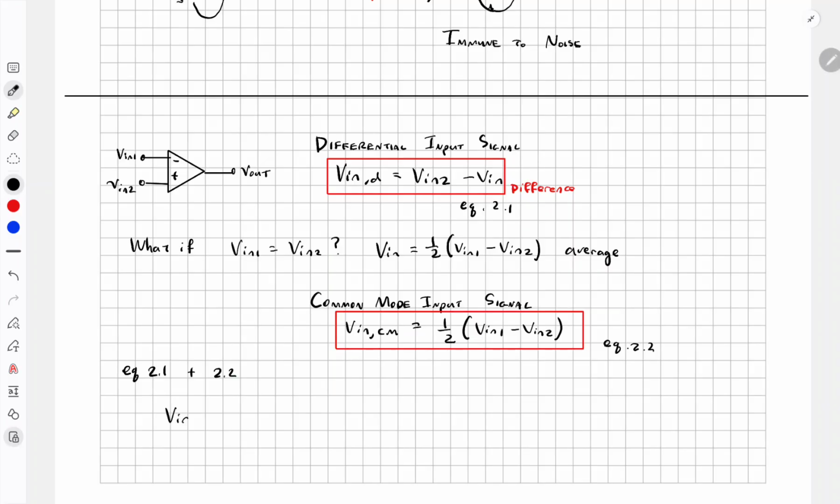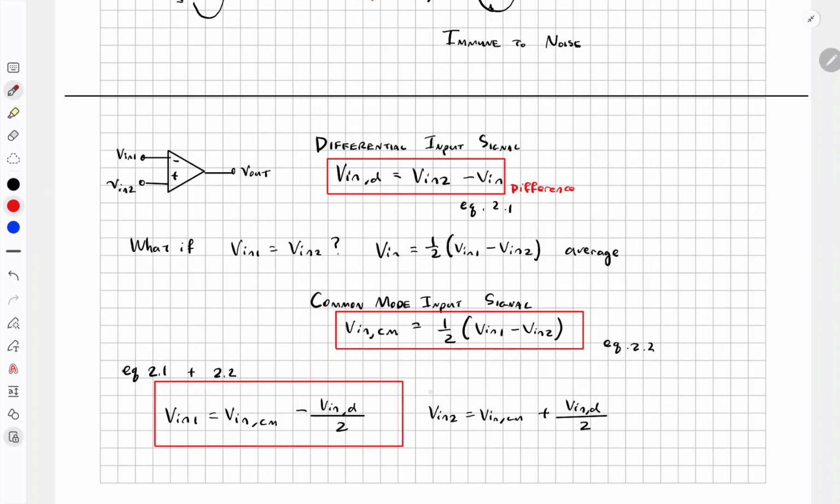With some algebra, you solve for V in 1, which is equal to V in common mode minus V in differential divided by 2, and V in 2 is equal to V in common mode, not minus this time, plus V in differential over 2. I recommend you solve this on your own. You just do it once and then you will understand it a little bit better. So please go do that on your own.